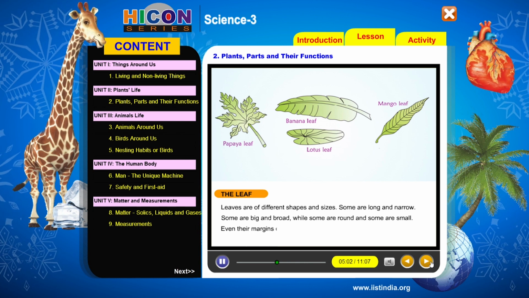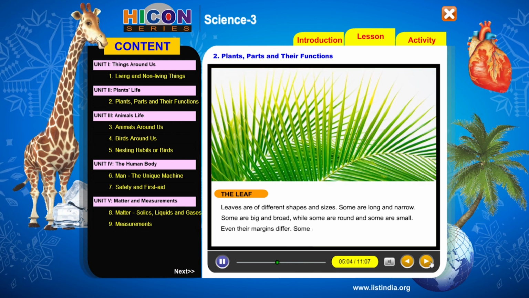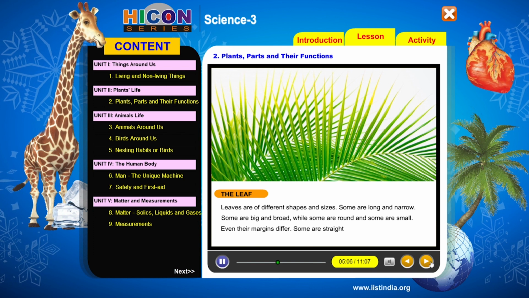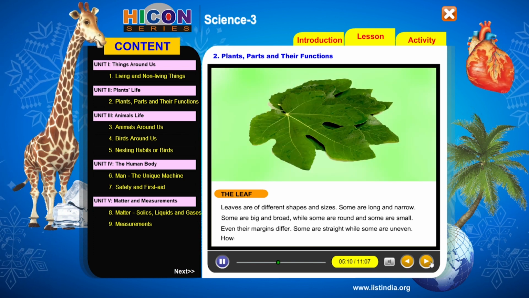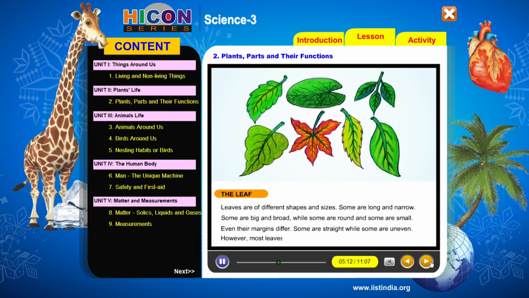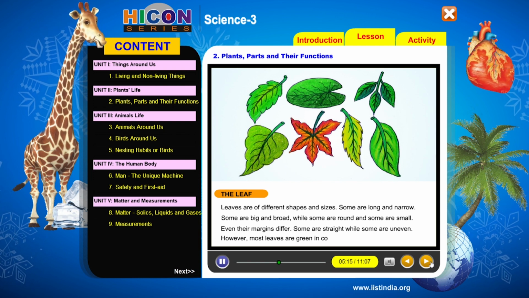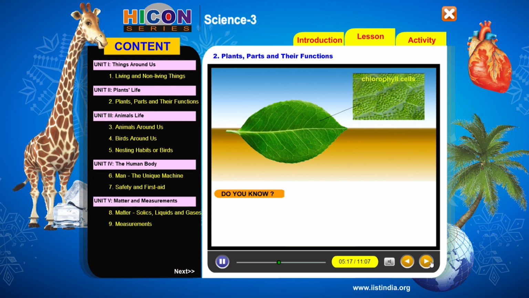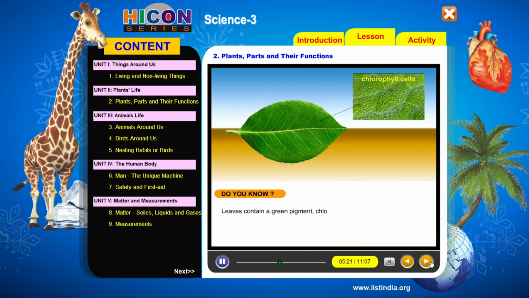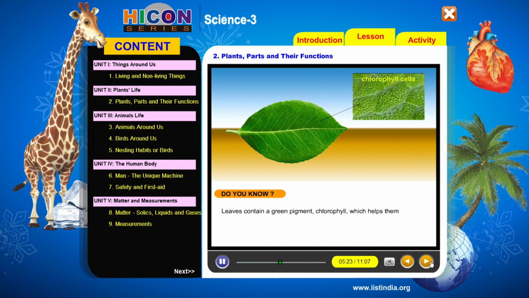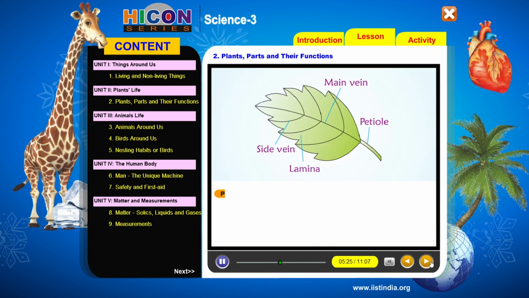Even their margins differ. Some are straight, while some are uneven. However, most leaves are green in color. Do you know leaves contain a green pigment, chlorophyll, which helps them to make food?